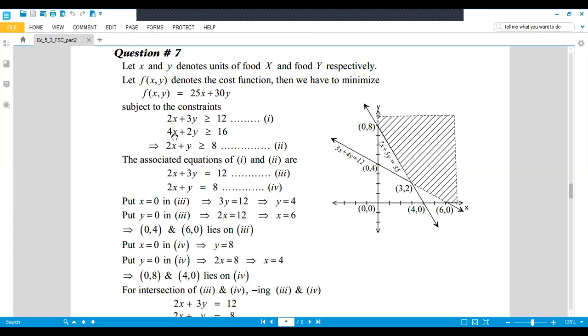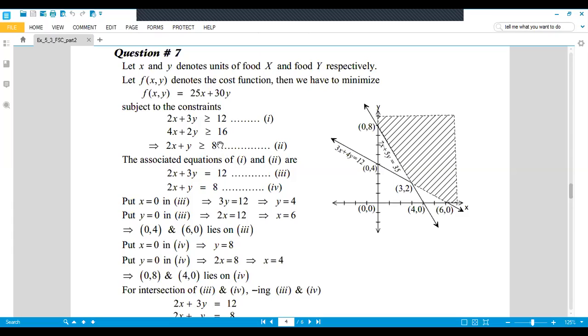For the second inequality, you have 4 units of iron in food X and 2 units of iron in food Y, so 2y, and 16 units of iron. All these are divisible by 2, so we simplify by dividing by 2: 2x + y is greater than or equal to 8.